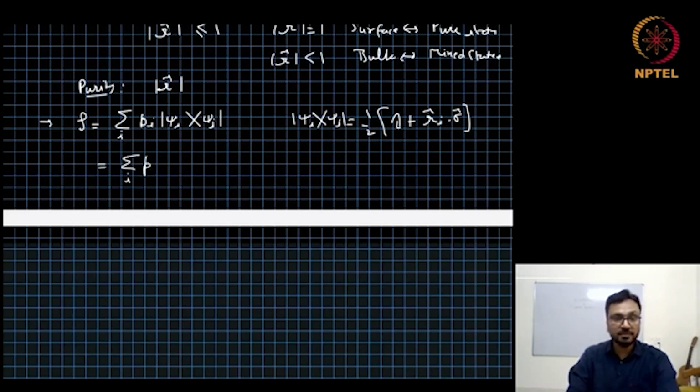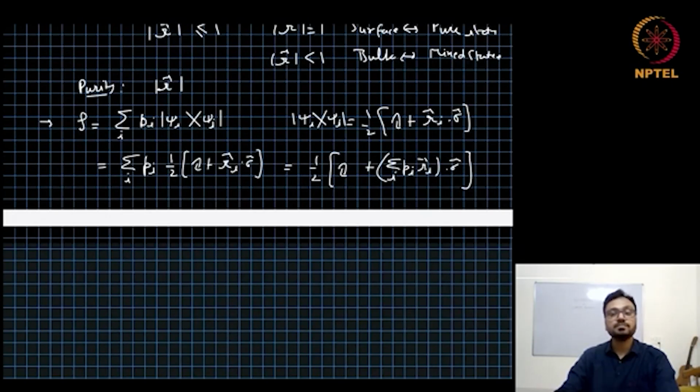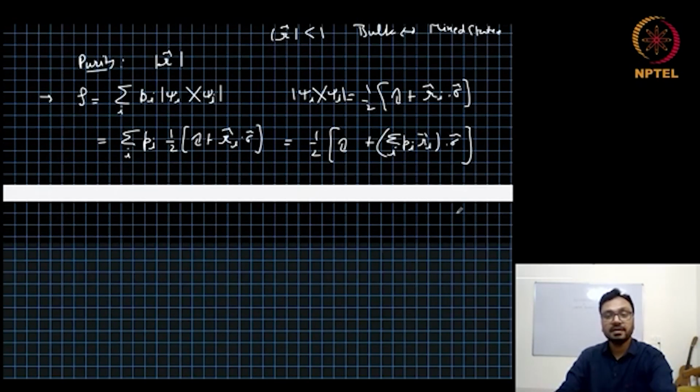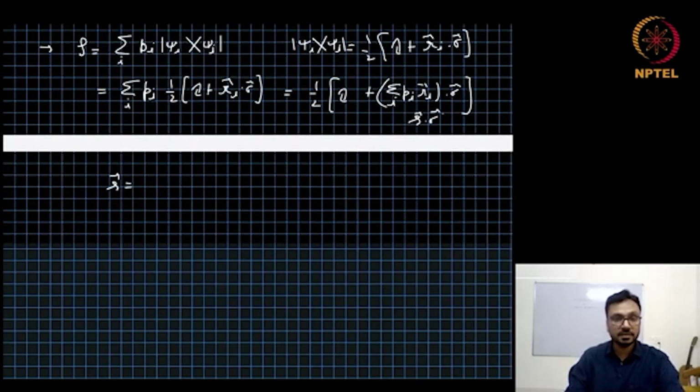We get the sum over i of p_i times half identity plus r_i dot sigma, that is half identity plus the sum over i of p_i r_i dot sigma, and we can call it S vector dot sigma here, where S vector is nothing but the sum over i of p_i r_i vector.